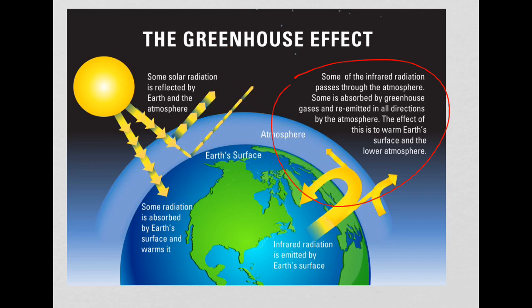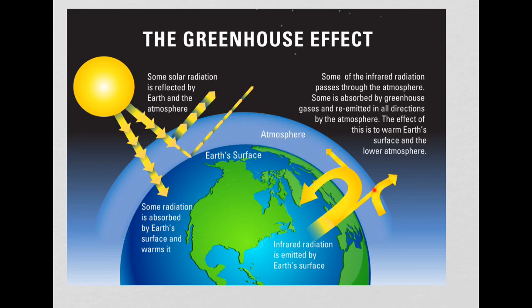Over in this part of the diagram, we see what happens when we have an increase in the amount of greenhouse gases in the atmosphere. These greenhouse gases are typically caused by human activity. Some of the solar radiation is reflected by the Earth and the atmosphere and moves out into space, whereas the majority of this re-radiated heat energy gets reflected back to the Earth's surface.